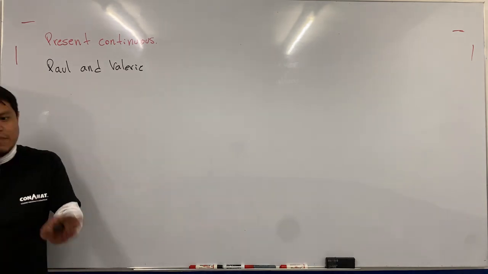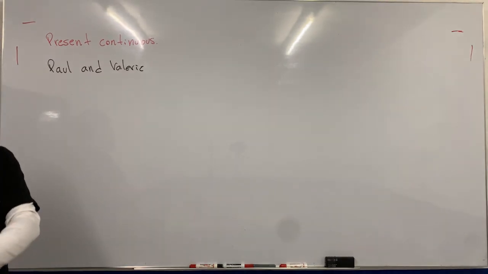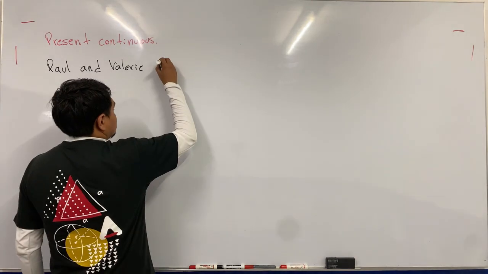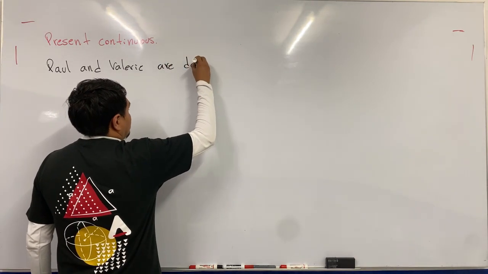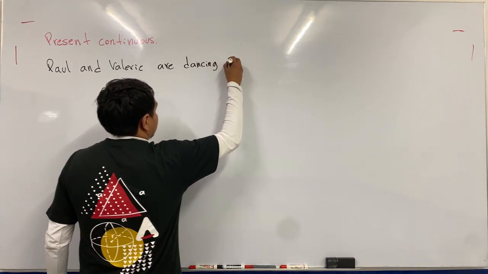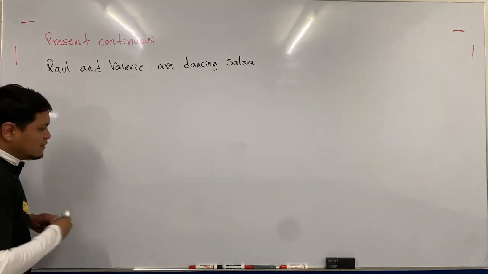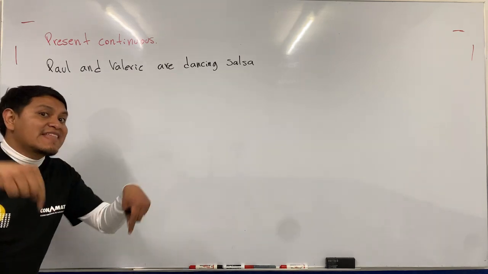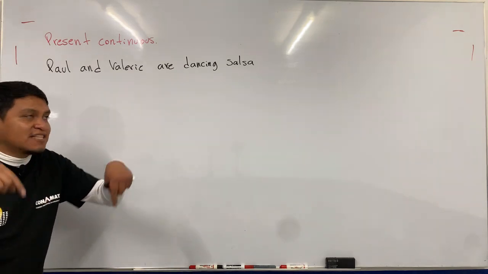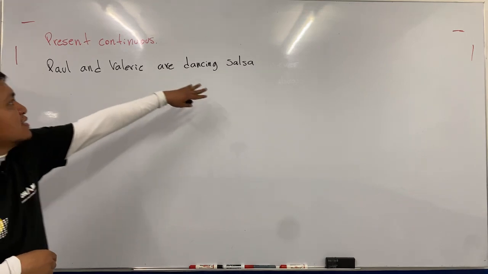Repeat. Paul and Valerie are dancing salsa. Are dancing salsa. When, right now, in this precise moment, they are dancing salsa.